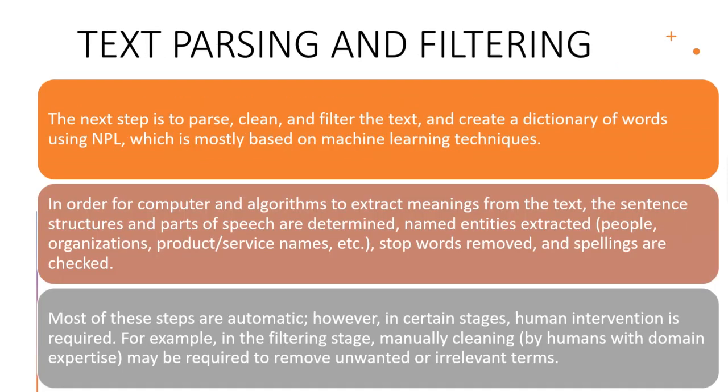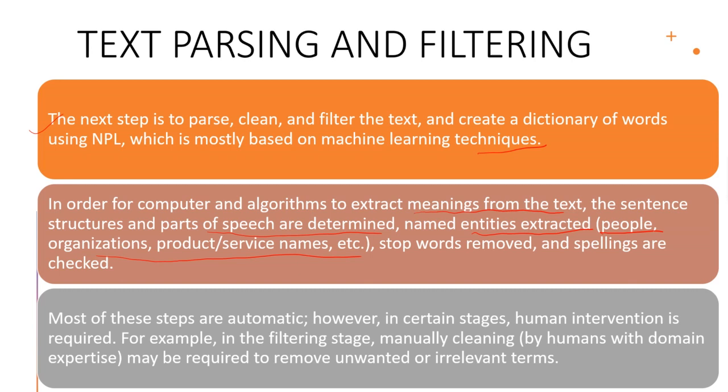Text parsing and filtering. The next step is to parse, clean, and filter the text and create a dictionary of words using natural language processing, which is based on machine learning techniques, in order for the computer and algorithm to extract meaning from text and sentence structure. Parts of speech are determined. Named entity extraction: people, organization, product, service names, etc. are extracted from the sentence and identified as nouns.